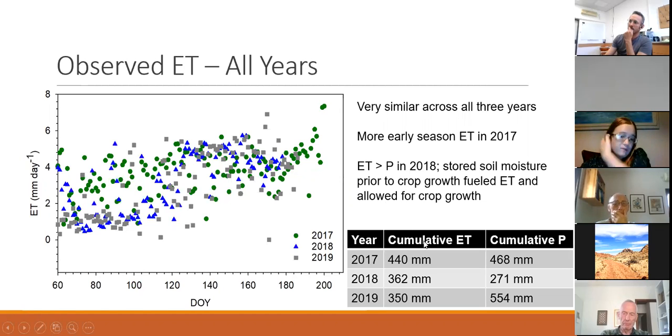So our cumulative ET in 2017 was less than our cumulative precipitation, and we see the same thing in 2019. However, in 2017, our cumulative ET was greater than our cumulative precipitation, indicating that soil moisture is fueling some of the crop growth, which can happen when it's a bit of a drier year. So stored soil moisture is what is allowing the observed ET to be higher than the observed precipitation during that time period.